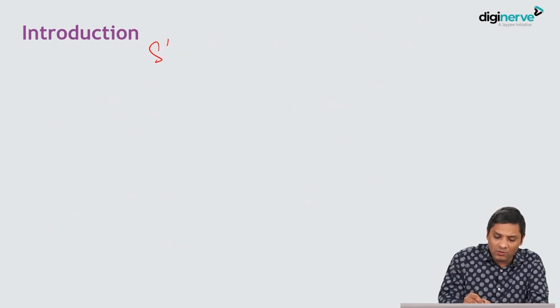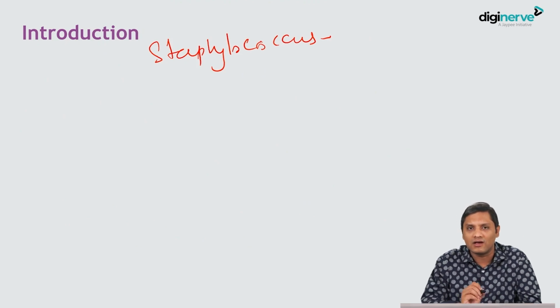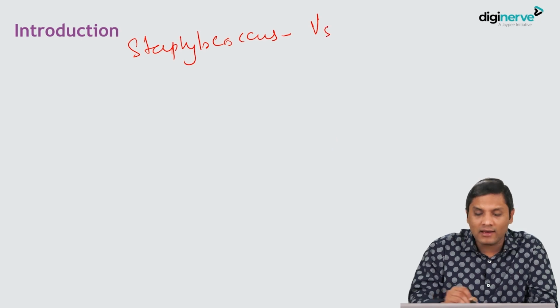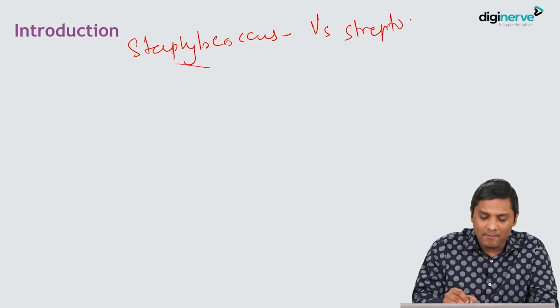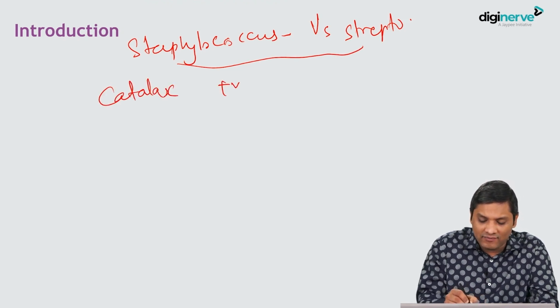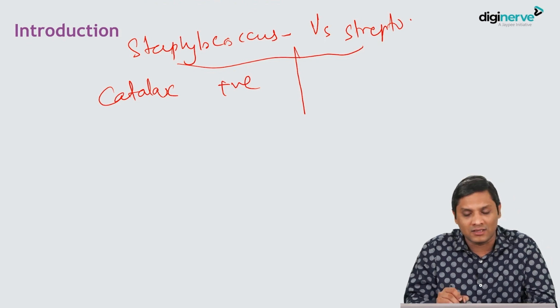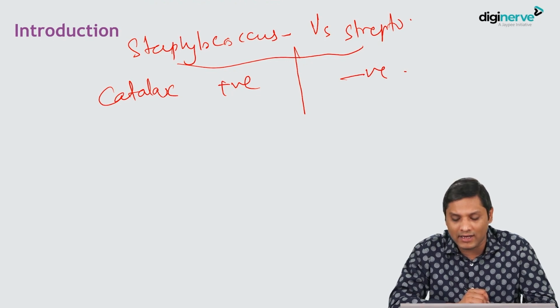Staphylococcus, as I told you, is one of the most common organisms implicated in clinical specimens. They can be differentiated from another gram positive group of organisms called Streptococci by performing a very important test called the catalase test. Staphylococci are typically catalase positive, whereas Streptococci are typically catalase negative.